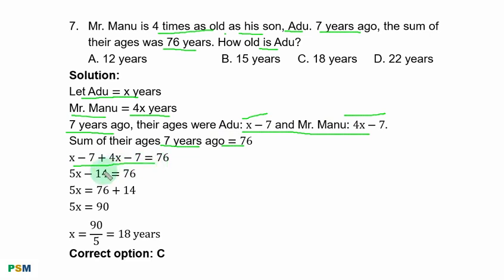Add like terms, you have this result. Transfer minus 14 to the right hand side, you have this result. You have 5s equal to 90. To get s, divide both sides by 5, and s is equal to 18 years. The correct option is C.